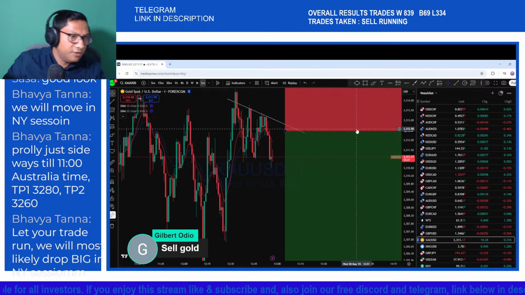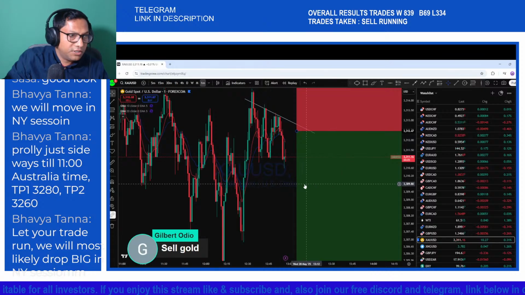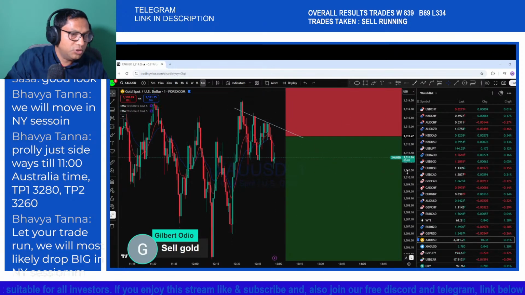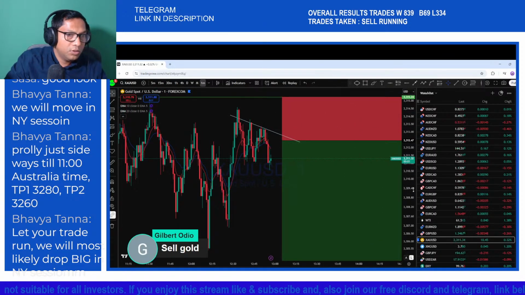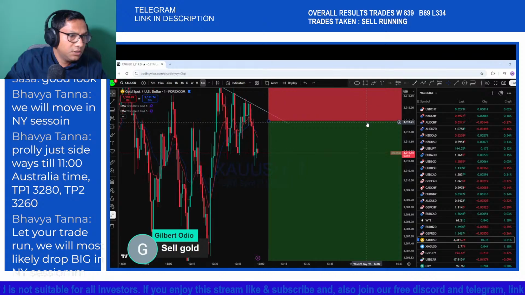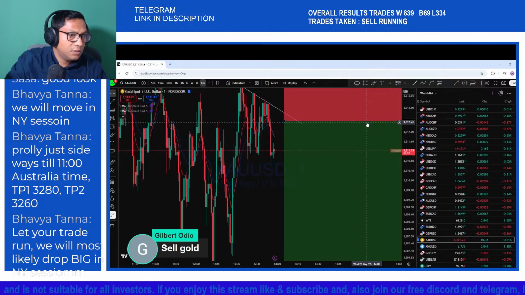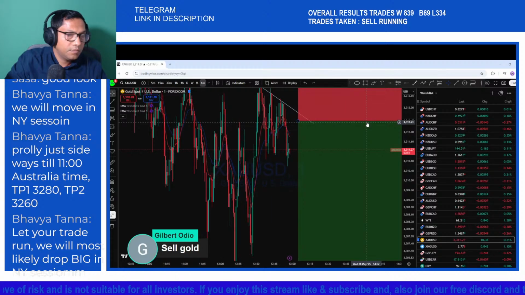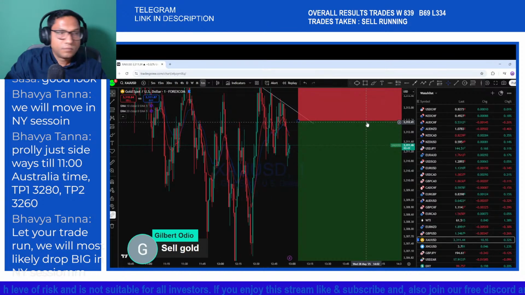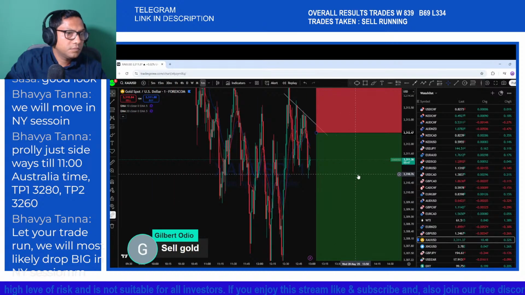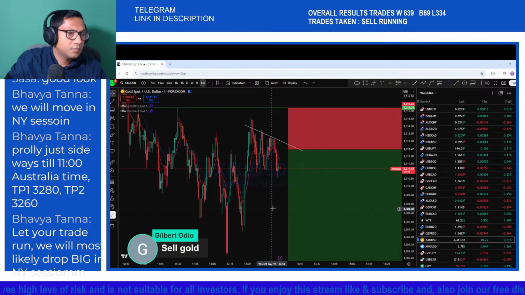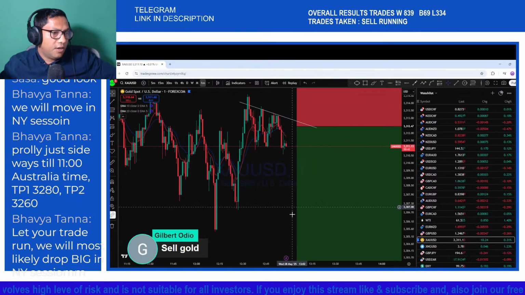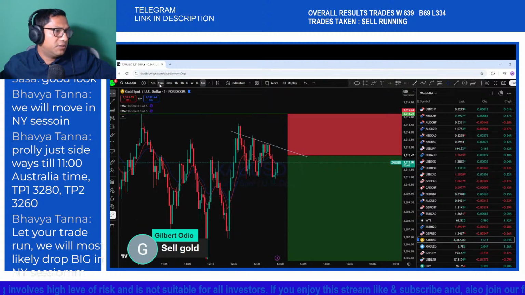This is the 1 minute. Another 1 minute candle to close as a potentially narrow doji. Right, from here, come on, that's the last moment.